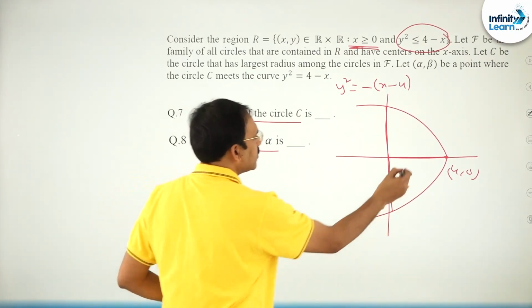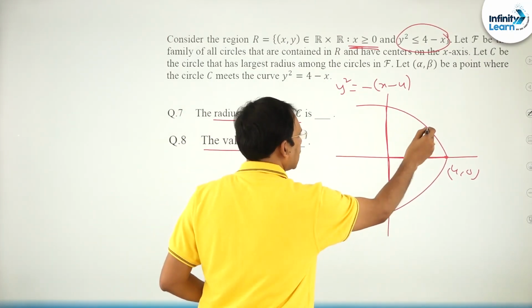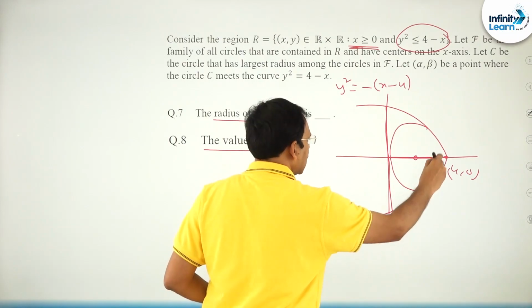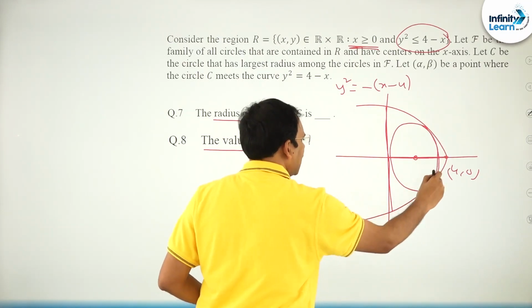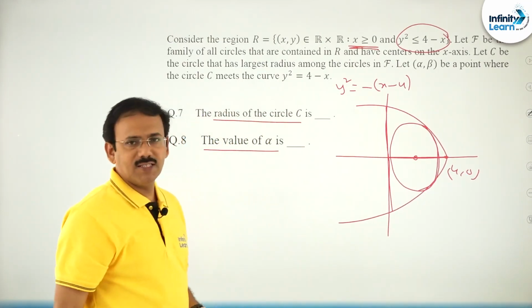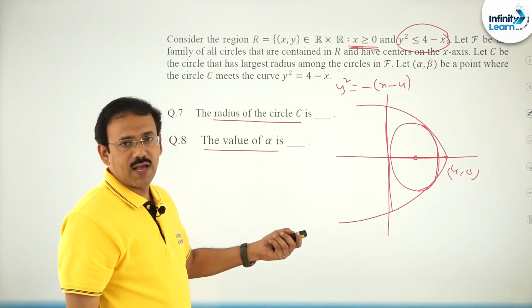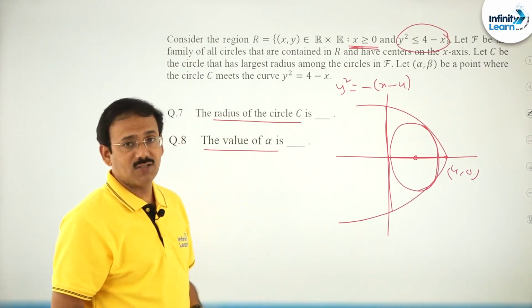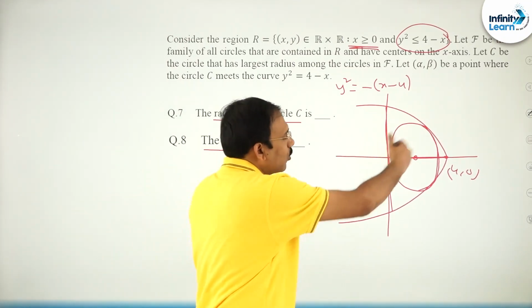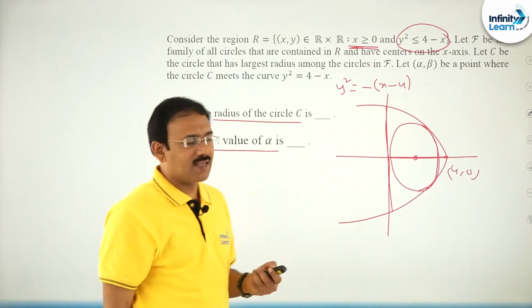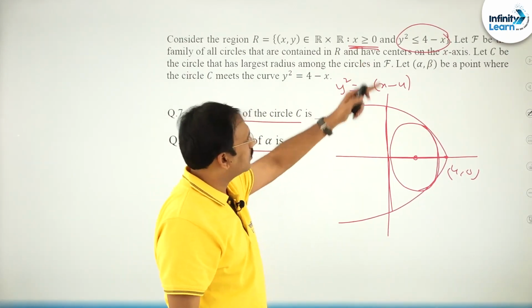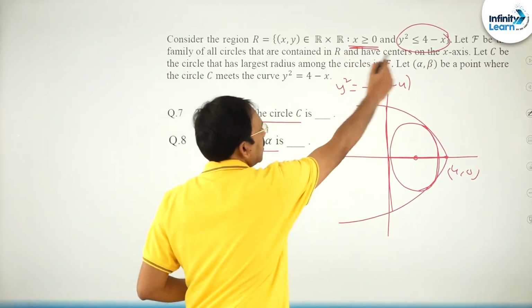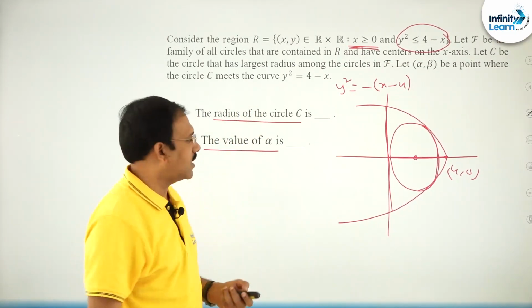Suppose there is a circle with center on the x axis which touches like this. By symmetry, because the parabola is symmetric, it has to touch like this, and that is going to be the largest one, because if the circle goes outside, it does not belong to the family. It must be within this region. So, this is the largest circle.